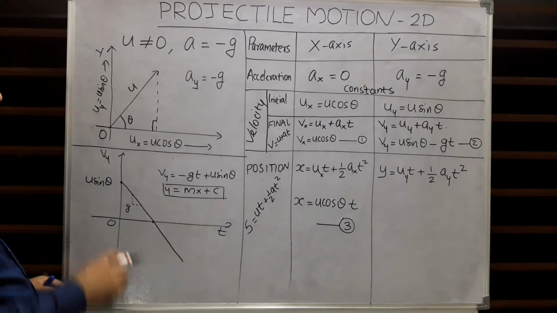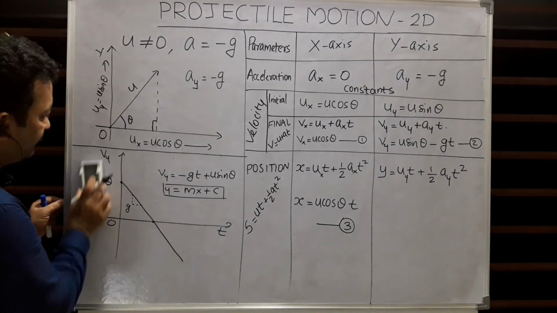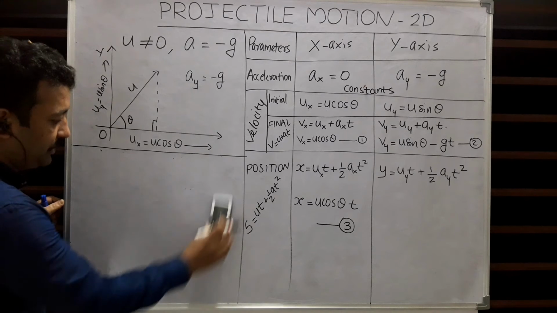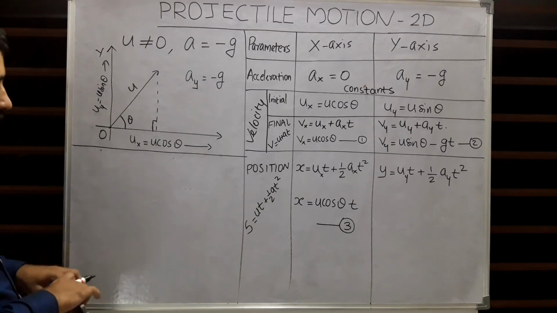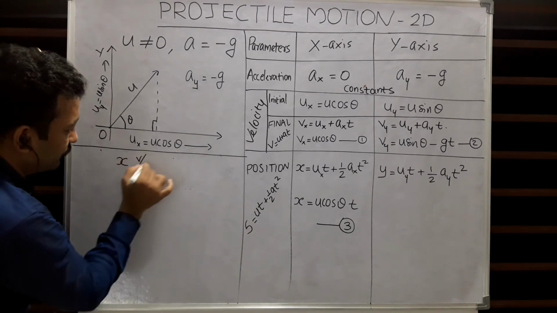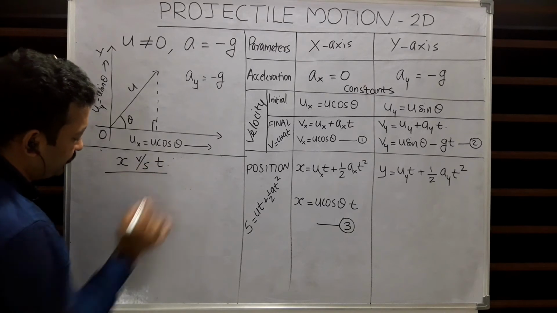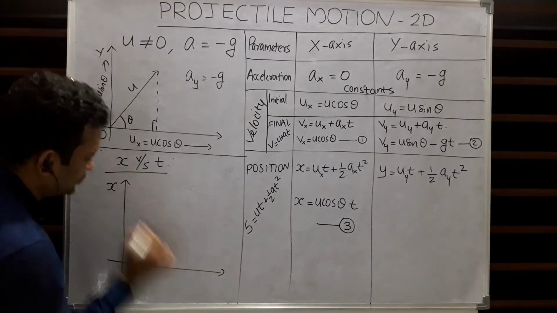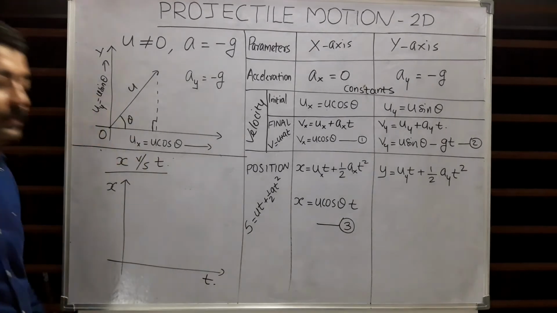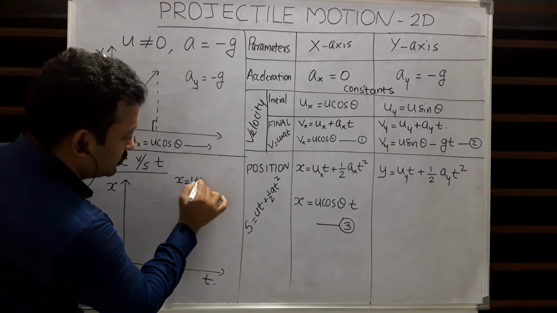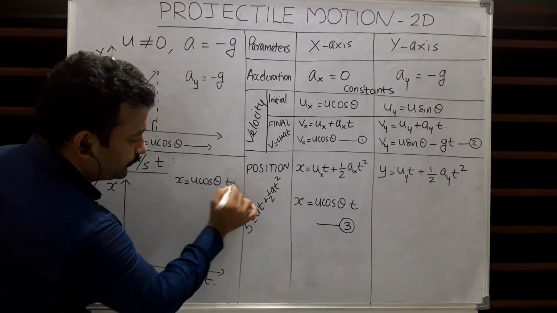Suppose I want to plot the x component variation with respect to t for a projectile. That means an x versus t graph. What will be the shape of the graph? Look at that: x is equal to u cos theta t.